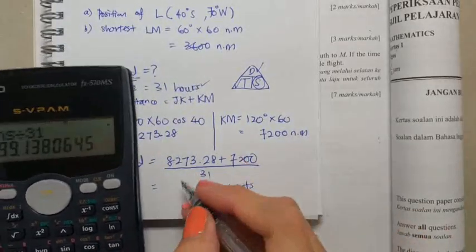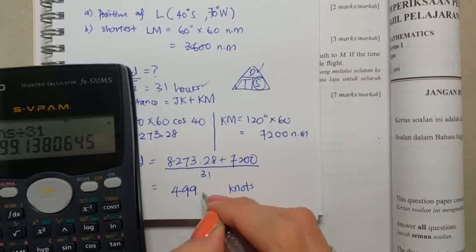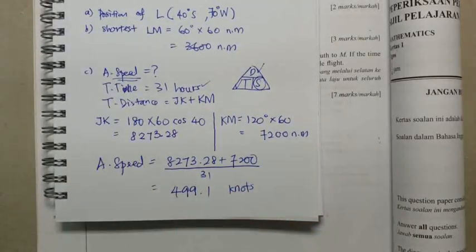Okay, we have 499.1 knots. So that is the answer.